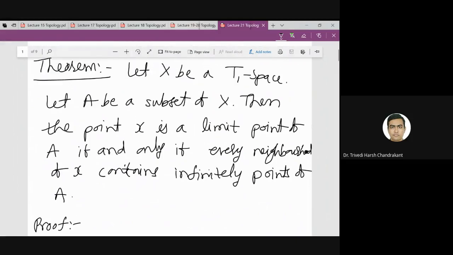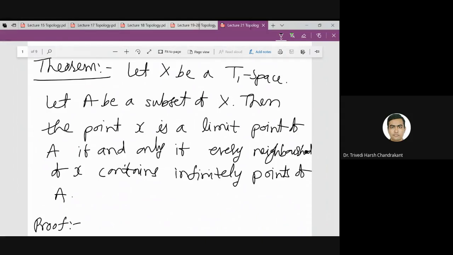Now let us come back to this: if X is a T1 space and A is a subset of X, then x is a limit point of A if and only if every neighborhood of x contains infinitely many points of A. By the definition of limit point which we just discussed, x is a limit point of A if every neighborhood of x intersects A in a point different from x.